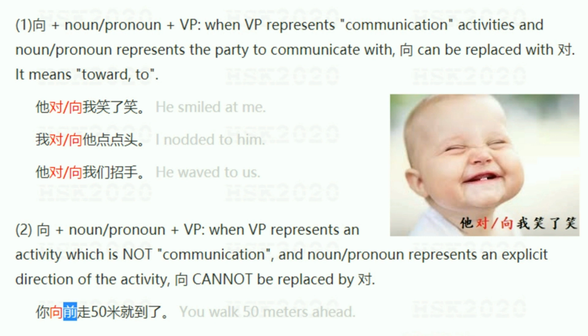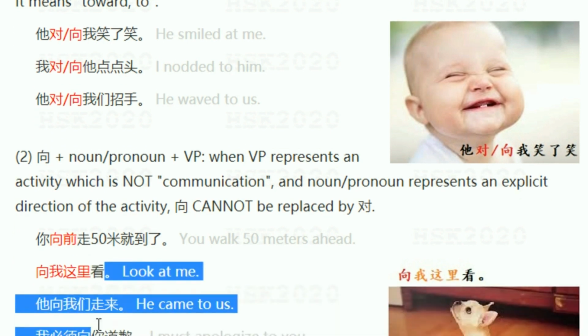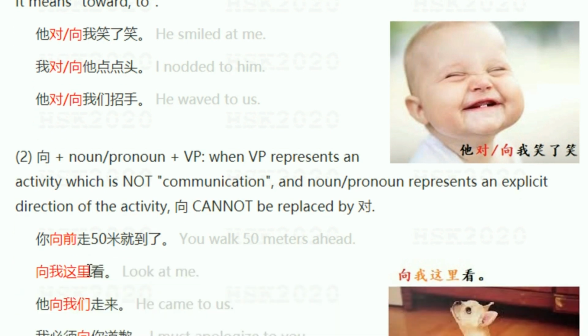In this case, you cannot say 你对前走50米就到了. No. Next one. 请向我这里看. So 我这里 is an explicit direction. Look at me. You cannot say 他对我这里看. No.